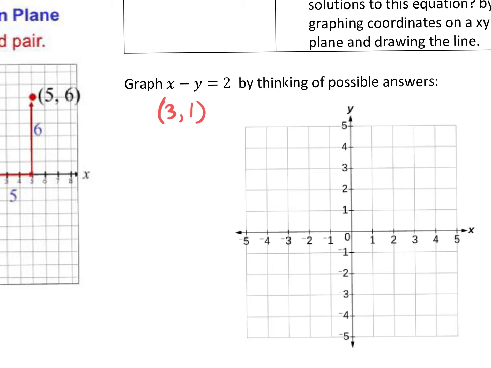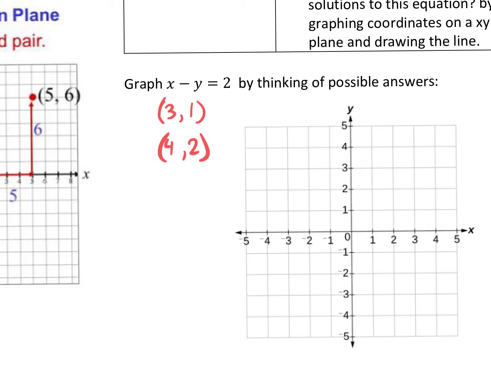You could just write any number you want for the x value. Like if I say 4, well, if I do have a 4 for my x, 4 take away what will give me 2? 4 take away 2. So for the x value of 4, I need a 2 right here that I need to subtract from to get the 2. So 4, 2 is a solution to this problem, right?